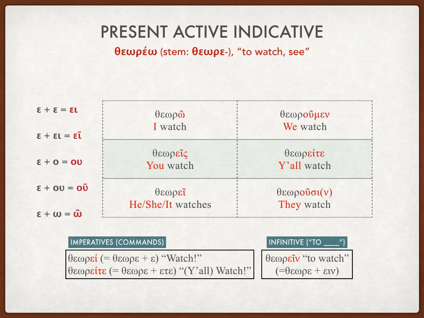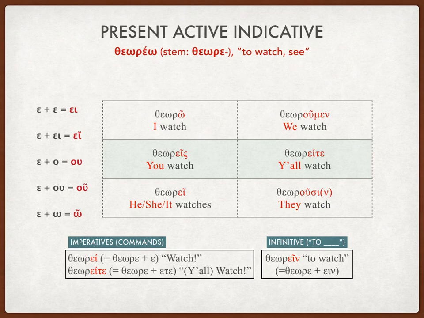Same thing's going to happen in the second person singular. Theoreis is just simply epsilon at the end of theore running into eis. So if you see the second entry down on the left, epsilon plus that diphthong ei gives me just a longer ei. So think of Fonzie, for example. Theoreis, you watch. Theorei, he, she, it watches. That's the same combination, epsilon plus ei.